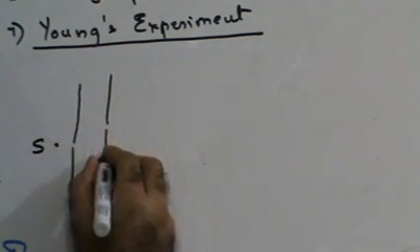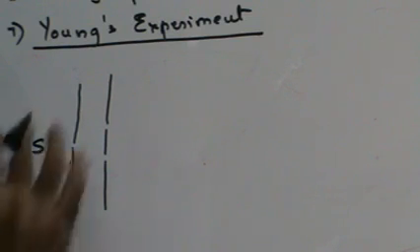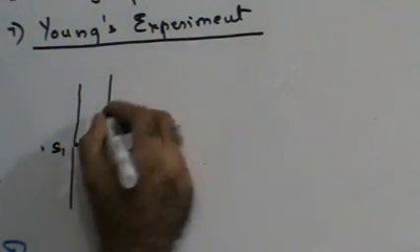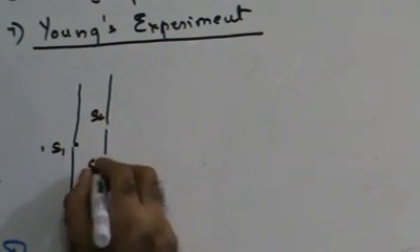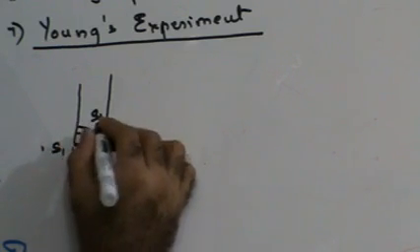Then he placed another partition with two pinholes in it, such that the two pinholes are equally spaced from the first one. The two pinholes are equally placed from S1. So he got S2 and S3. You have waves of light given out from here.